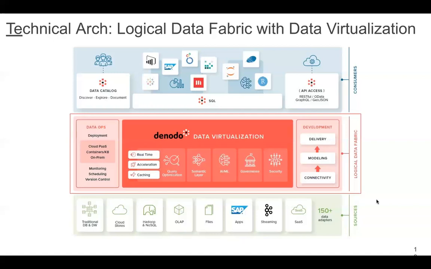Data virtualization also provides a semantic layer which allows data users to access the data in any format they need. It could be SQL, it could be in the form of APIs, or it could be something like Denodo's data catalog to discover the data.